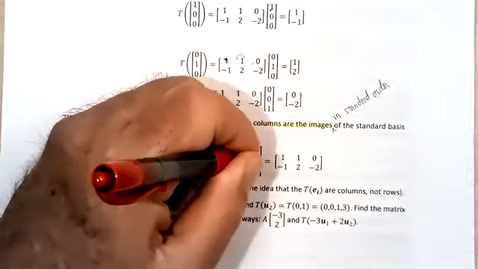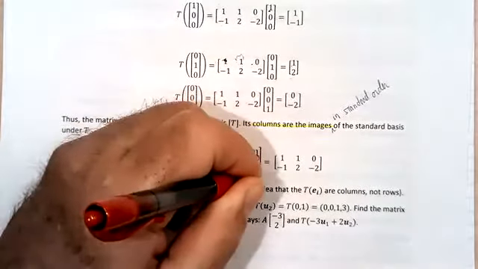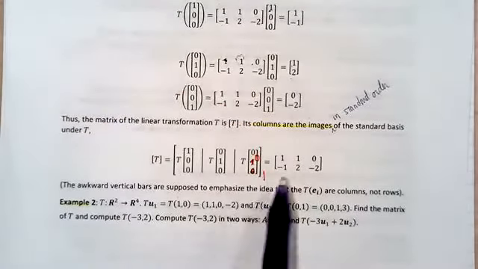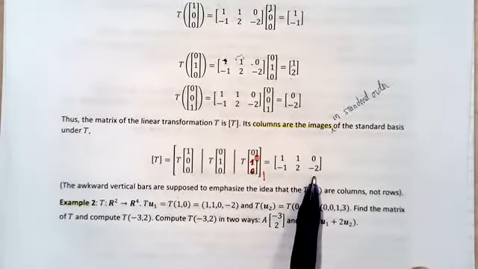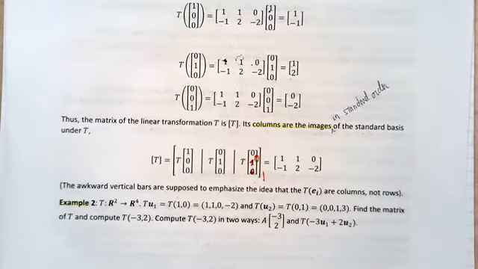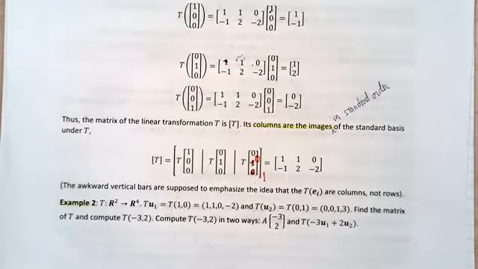That's supposed to be a 0, and that is supposed to be a 1. And it maps E3 into 0, minus 2. Well, I just stack those images up as columns, and I now have the matrix of the linear transformation.